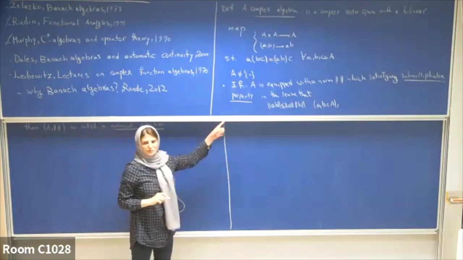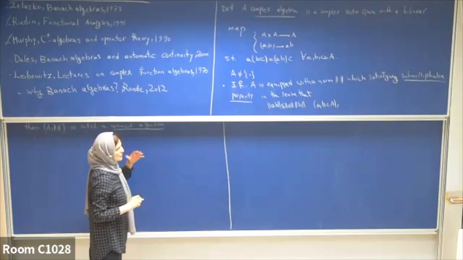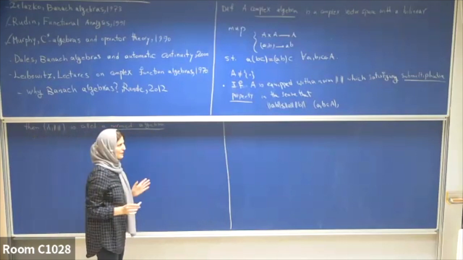And such a norm is usually called a submultiplicative norm or algebraic norm.